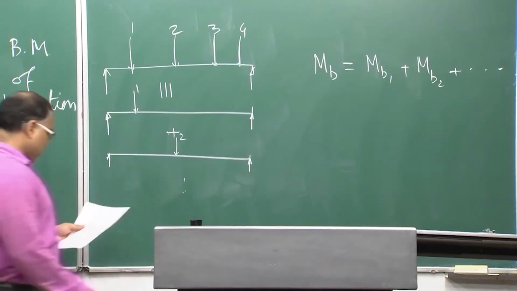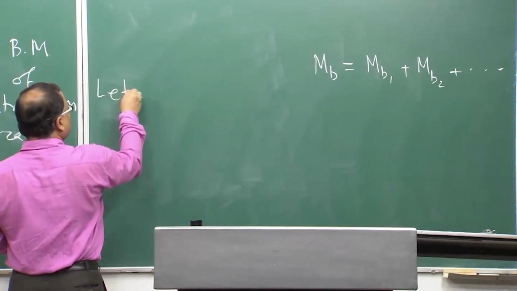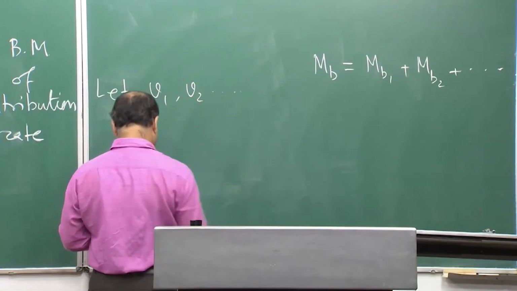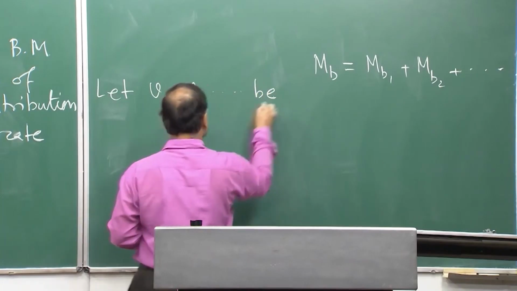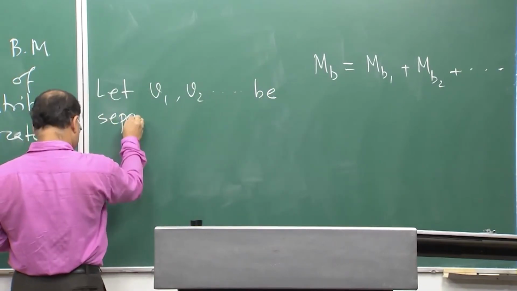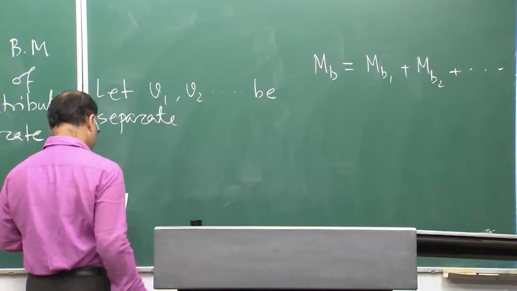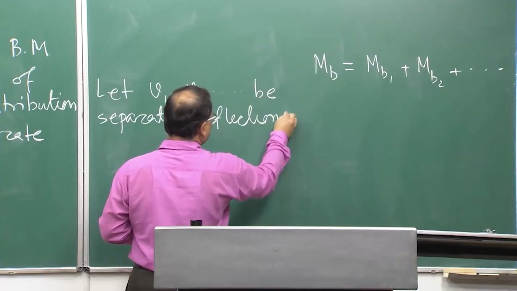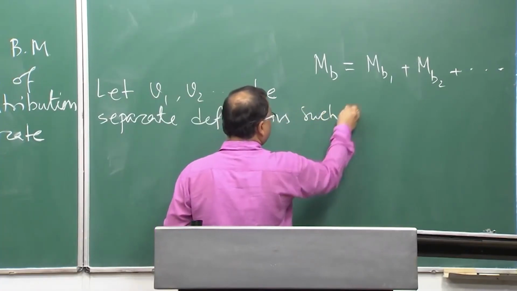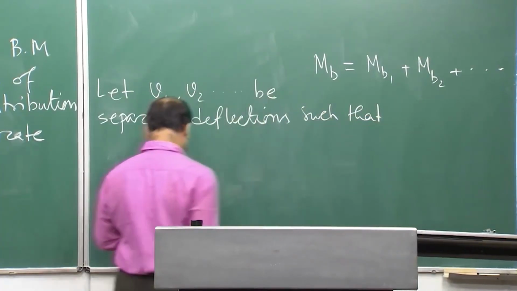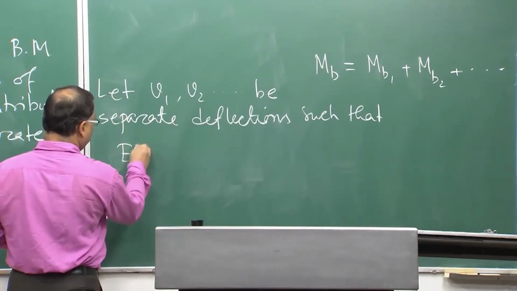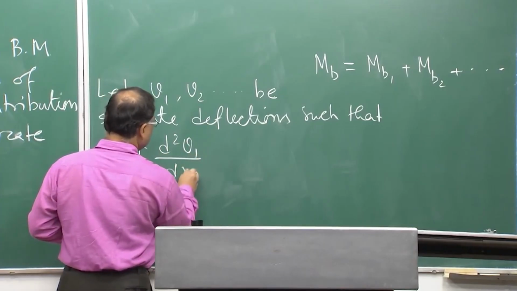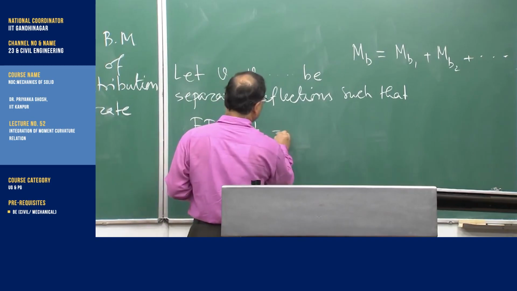Now let V1, V2 be separate deflections such that EI d2V1/dx2 is equal to Mb1.